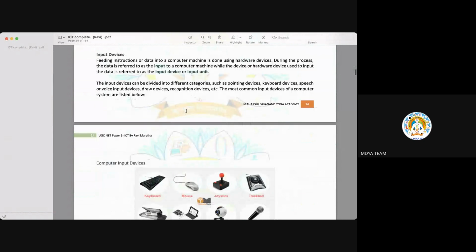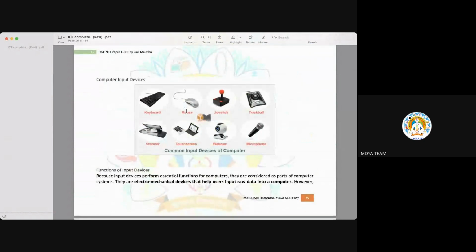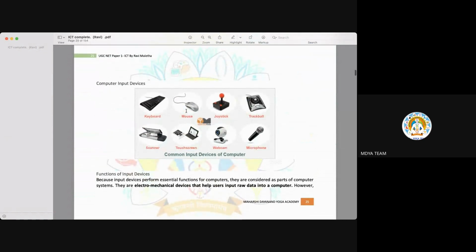So let's see input devices. Now here is the picture of input devices: keyboard, mouse, joystick, trackball, scanner, touch screen, webcam, and microphone, depending upon which type of input you are giving to the machine to process.